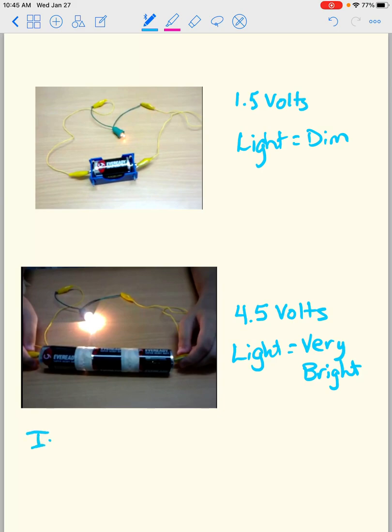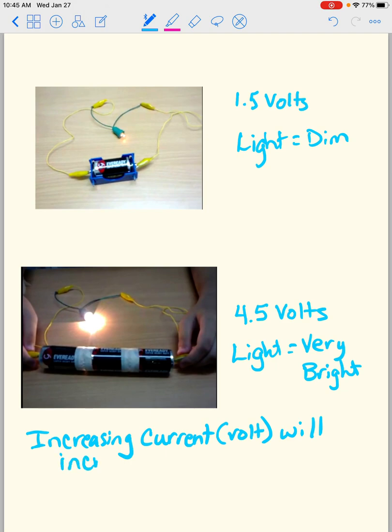So remember that increasing the size of the current, or the volts, will increase the energy that is produced. So we say that this is a directly proportional relationship. If one increases, the other one is going to increase.